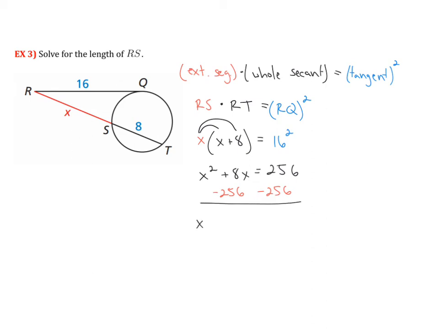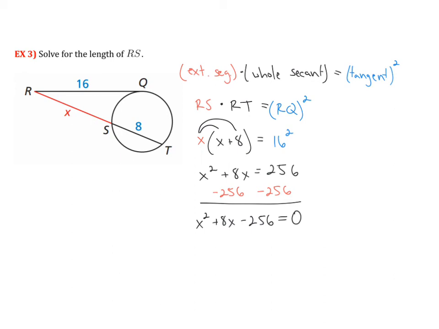And what we get is X squared plus 8X minus 256. We write this minus 256 as a third term because there are no like terms on the left side of the equation. And then we set this equal to 0 because 256 minus 256 is 0.